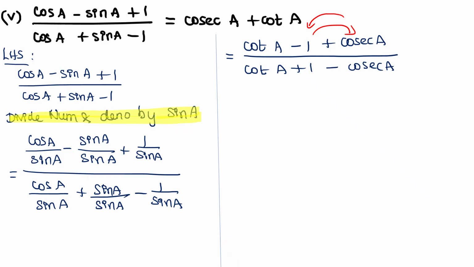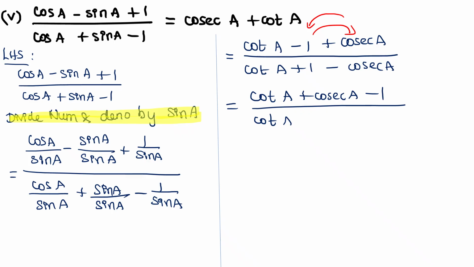Let me tell you why I am interchanging after this step. So you will get cot A plus cosecant A minus 1, that whole divided by cot A plus 1 minus cosecant A.